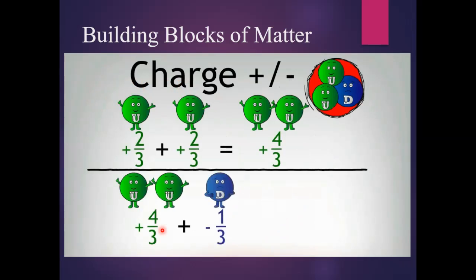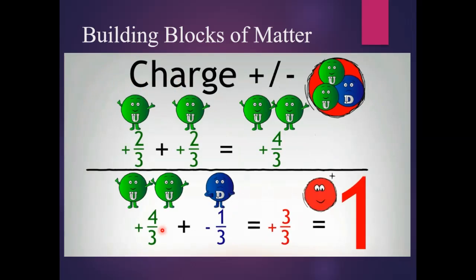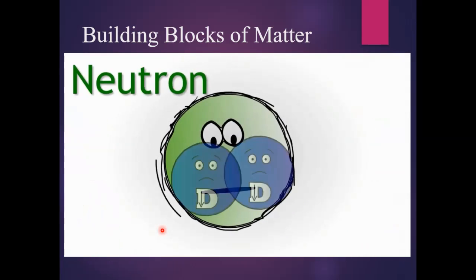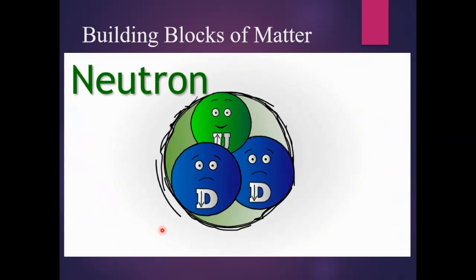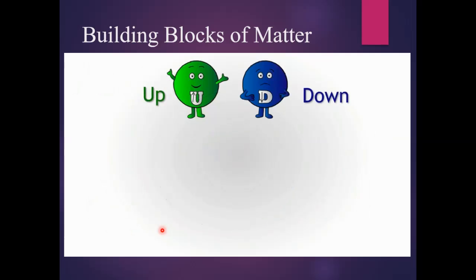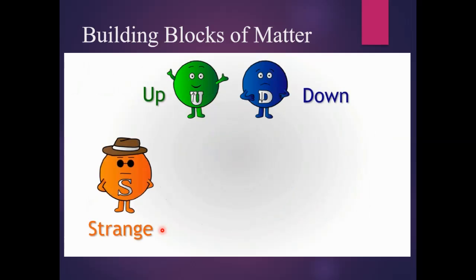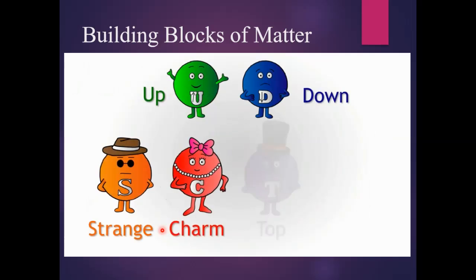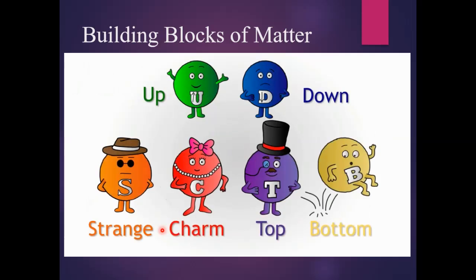Adding in a down quark reduces the overall charge to 3/3, which is the equivalent of 1. A neutron was found to consist of two down quarks and one up quark, which gave it an overall charge of 0. The discovery of the up and the down quark was followed in the coming years by the strange quark, the charm quark, the top quark, and the bottom quark.